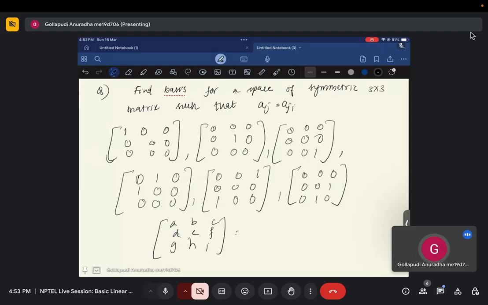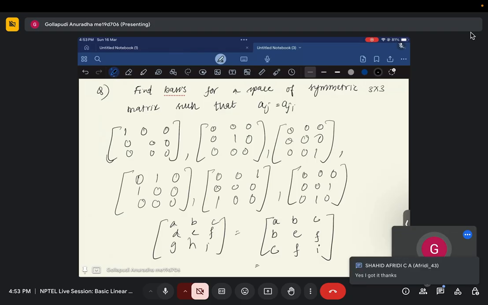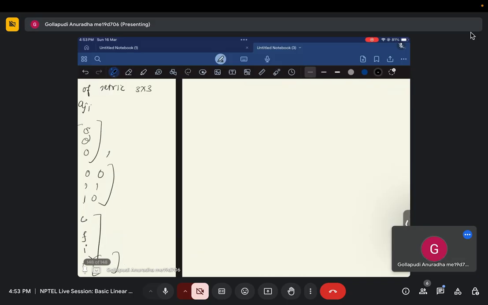If you have a 3 by 3 matrix, then A is here, and if it is B, then it's going to be B here, and if it is C, then it's going to be C here, and if it is F, it is going to be F here, and so on. So I have 6 different things. So I can write it like this, right? I'm not elaborating it, just a hint on how to get it.